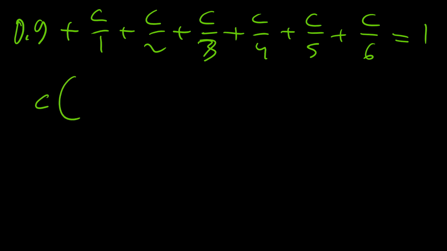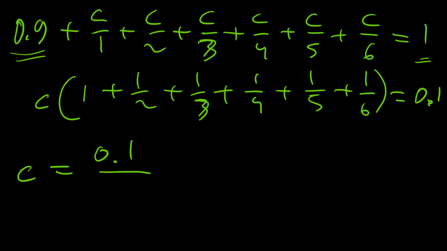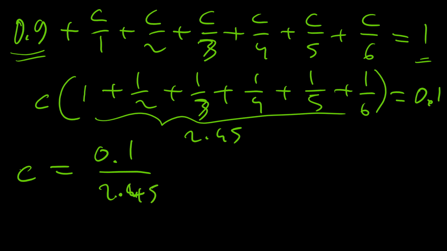If you take c in parentheses, it's 1 plus 1/2 plus 1/3 plus 1/4 plus 1/5 plus 1/6, which must equal 1 minus 0.9, giving 0.1, since we subtract 0.9 on both sides. Then you solve for c: c equals 0.1 divided by approximately 2.45.